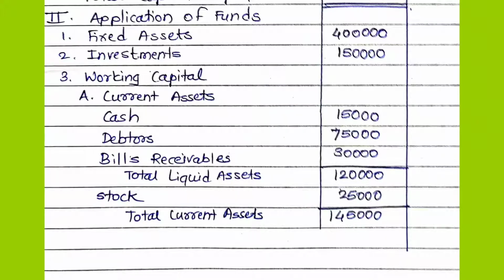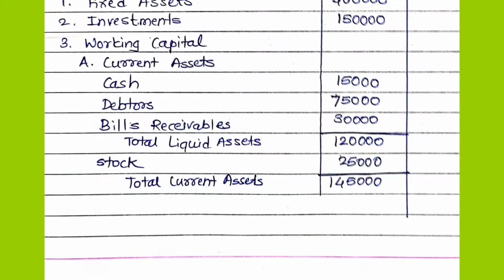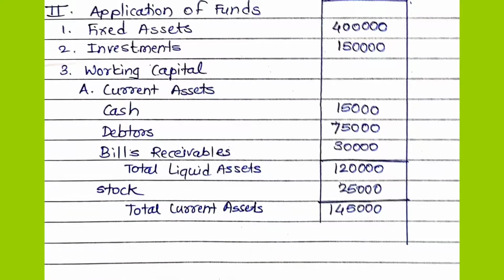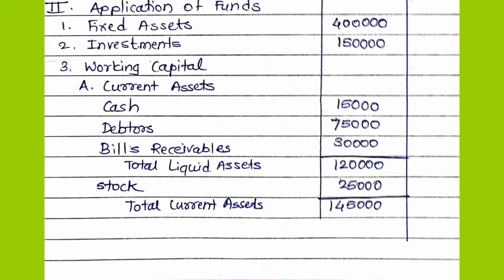Now we will write down the non-liquid asset, that is stock, 25,000. Now total current assets: liquid assets 1,20,000 plus stock 25,000, making total current assets 1,45,000. Now we will deduct the current liabilities from these total current assets.